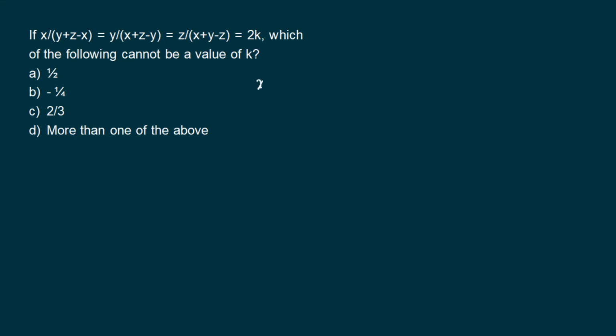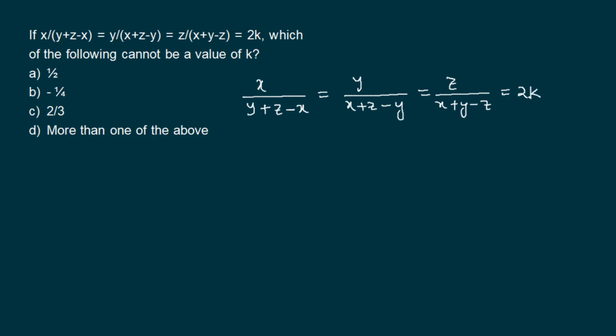If x upon y plus z minus x equals y upon x plus z minus y equals z upon x plus y minus z is equal to 2k, which of the following cannot be the value of k?